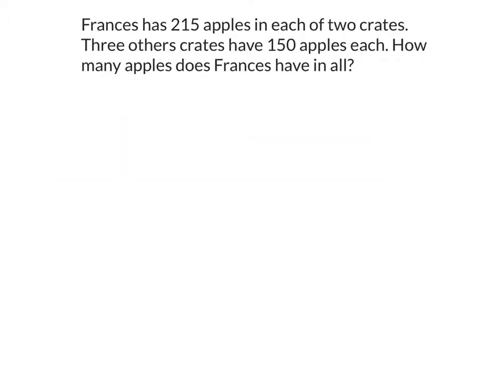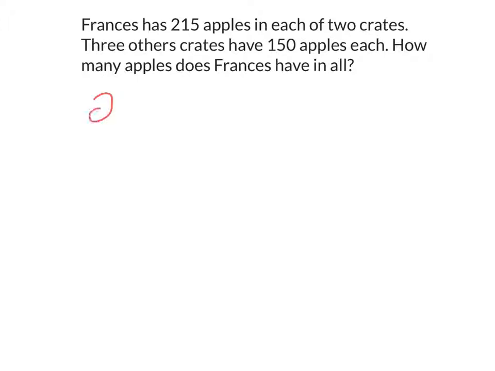So let's take a look at the first problem. Francis has 215 apples in each of 2 crates. 3 other crates have 150 apples each. How many apples does Francis have in all? To solve this problem, we would take a look at the apples she has in the first 2 crates.